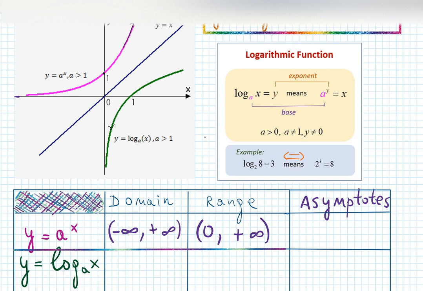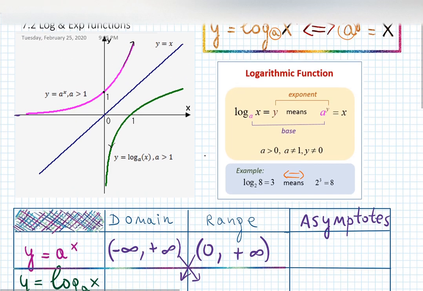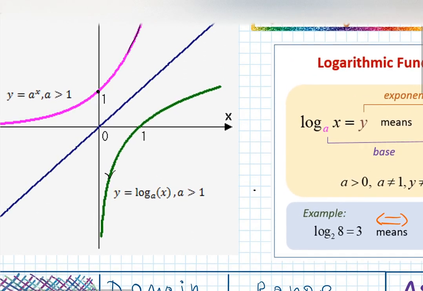Since input and output exchange places, whatever used to be possible input becomes possible output, and whatever used to be possible output becomes possible input. So technically, I don't have to look at the graph. The domain comes from the range, and the range from the domain. But let's check.